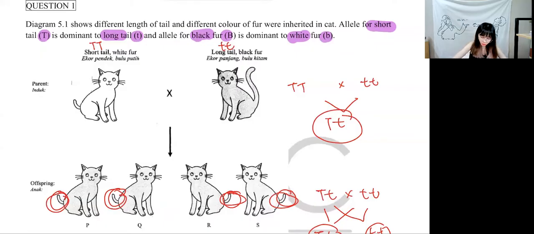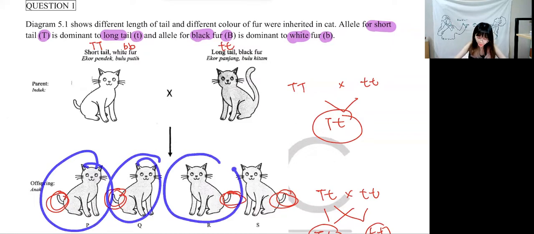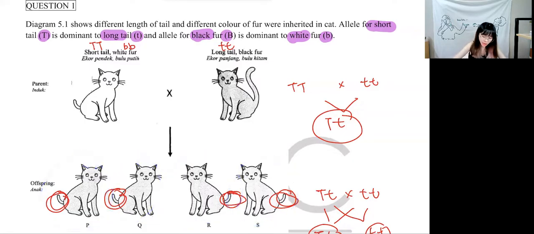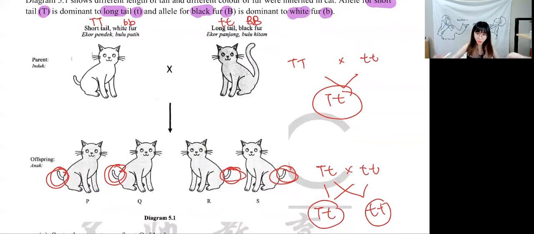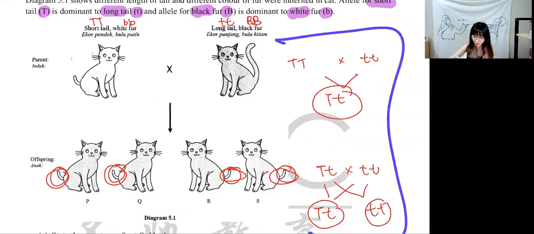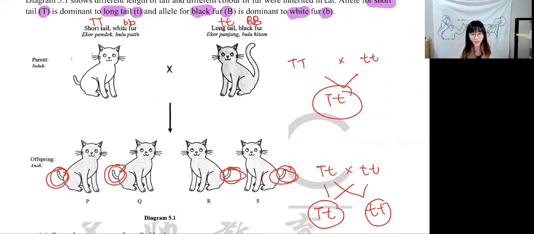White fur is 2 small b, and for black fur, how do I know if it's 2 big B or 1 big, 1 small? Same thing. Can you see all of the children are black? If all of the children are black, it means this is 2 big B. If it's not all black, the concept is the same. You can draw this out, then you will know whether your answer is right or wrong.